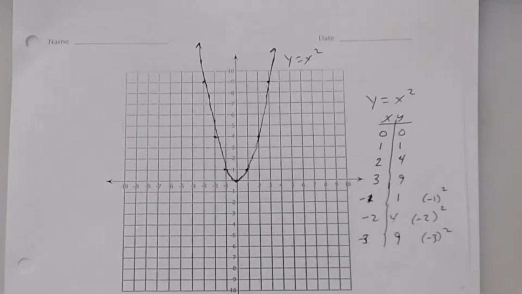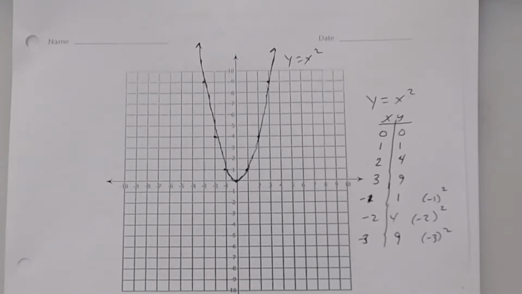Is this a function, first of all? Yes, because it passes the vertical line test. Is that function an even function? Yes. It is an even function, because what's the definition of an even function? An even function is a function that is symmetrical about the y-axis.